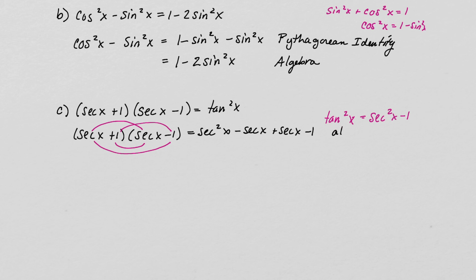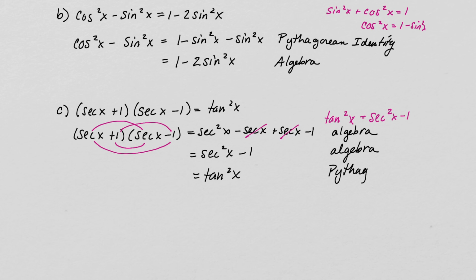All we did here was some algebra. The minus secant x and the plus secant x cancel each other out, so we're at secant squared x minus 1. Again, that's just some algebra. Finally, secant squared x minus 1 is exactly what we have over here, so we know this whole thing is equal to tangent squared x, which is exactly what we were trying to prove. And that's because this is a Pythagorean identity.